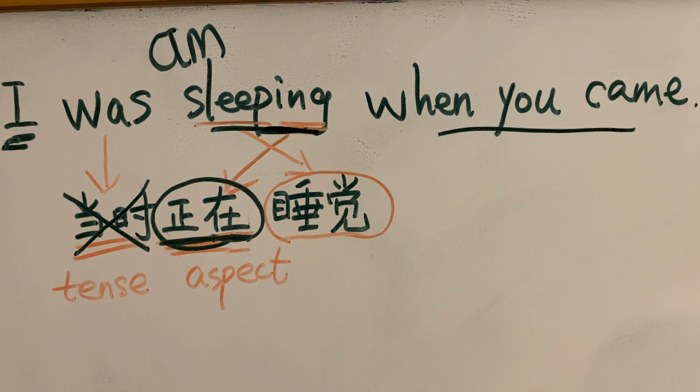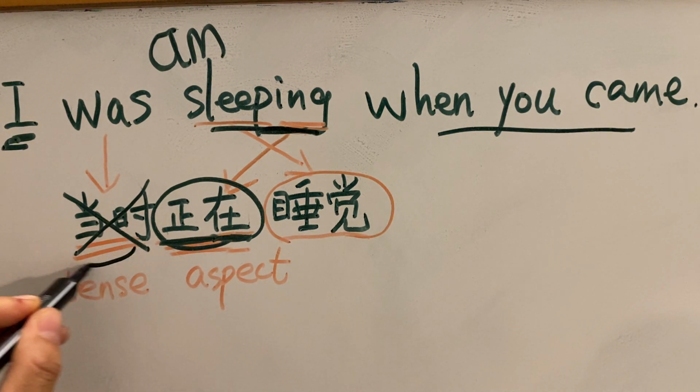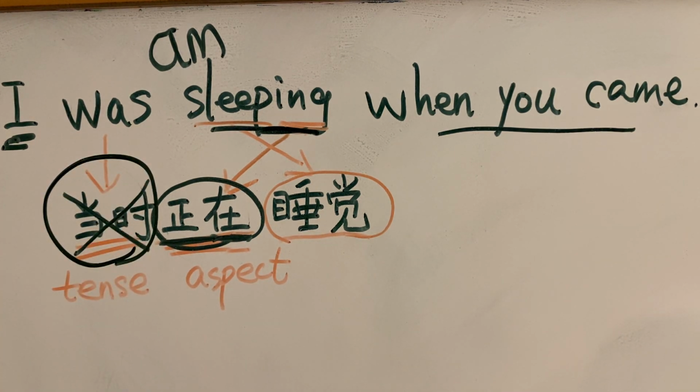So I can say I am sleeping when you came to imply I was sleeping when you came. That's the tricky part. If you want to sound like a Chinese speaker, you must learn when to delete this one. 我正睡觉 or 我正在睡觉，你进来了. If you translate that directly into English, it's I am sleeping when you came.